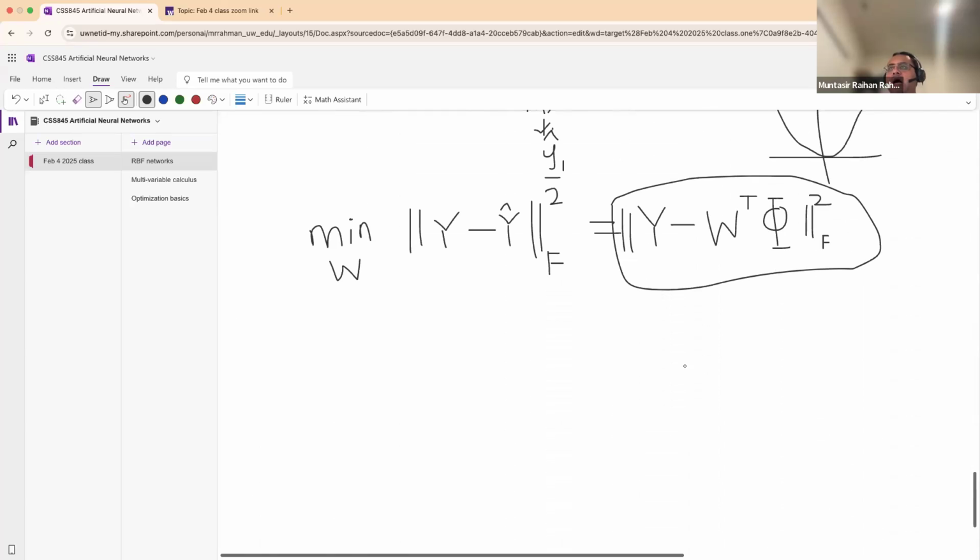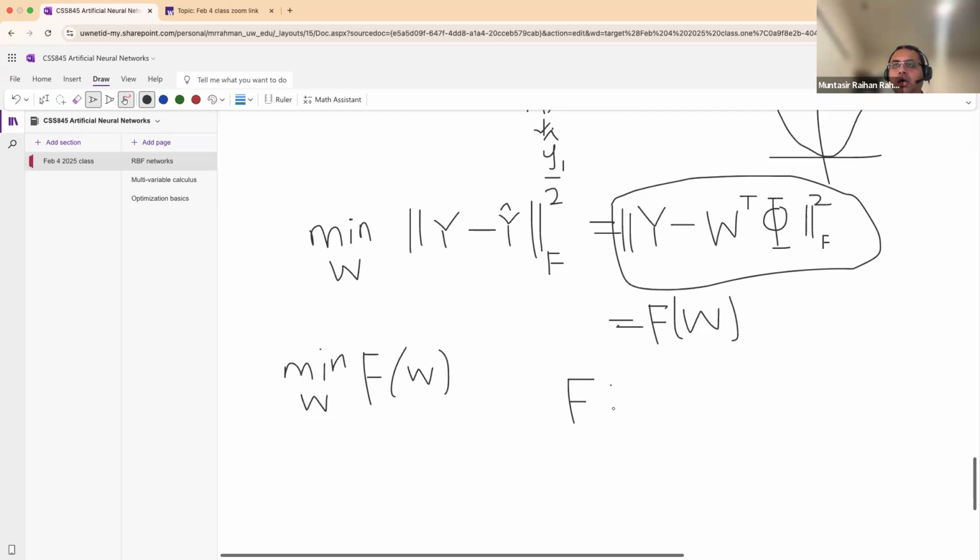And the way you do that is, if we call this a function of W, my goal is to minimize this function of W with respect to W. And now, can someone tell me what is the input of this function?